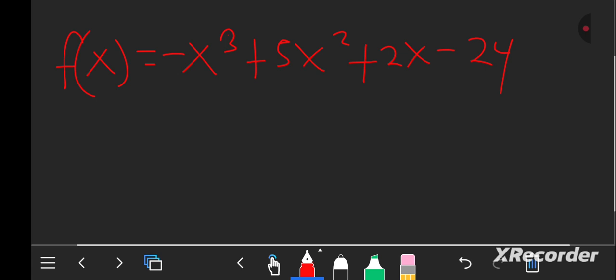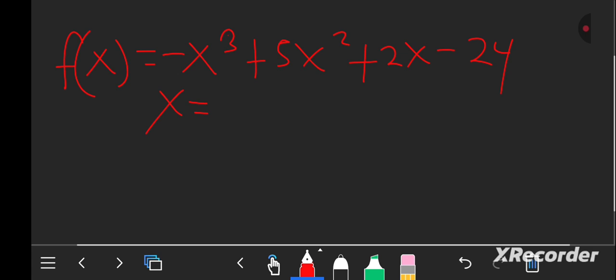A factor is a certain value which you are going to substitute in this original function in order to get the remainder of 0. So you just need to use the trial method. Then you'll find a certain value of x which will make this expression have a remainder of 0.